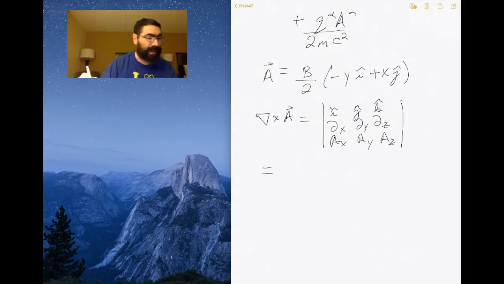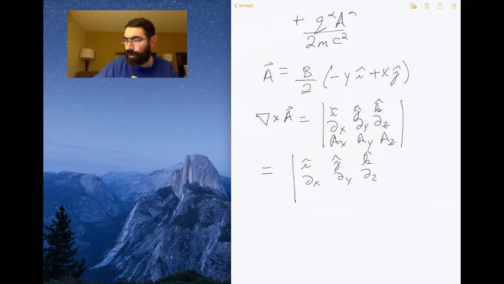So if you work that out, what you get is the x direction, the y direction, the z direction, the derivatives, and then you get minus y, x, 0.